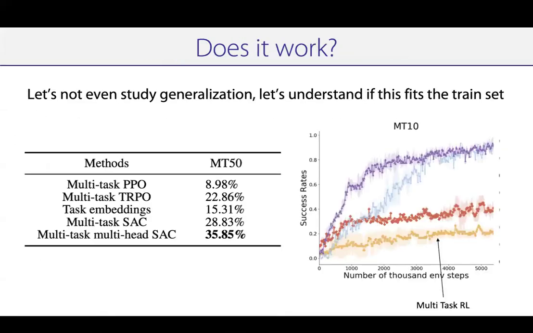Okay, and if you do this, you start seeing pretty terrible performance. And so this is single task RL. This is what happens if you run RL on one task at a time. And this is what happens if you run multitask RL. Which is supposed to be better. It's supposed to be taking us to the promised land, and it is at 18% or something.